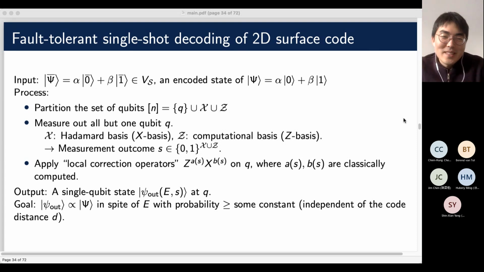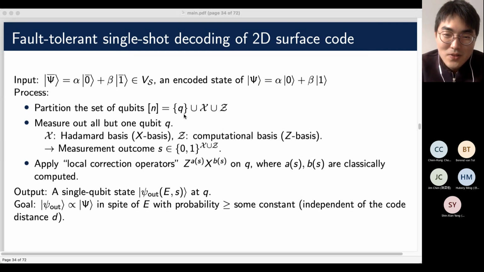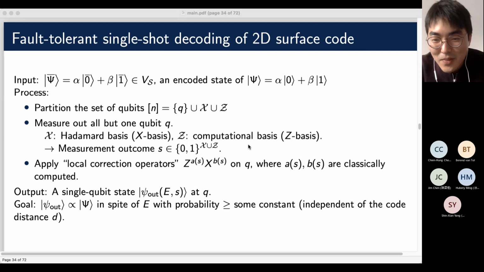And then here's the process. We somehow partition the set of qubits into 3 subsets, Q and X and Z. And the process is we measure out all qubits except for 1 qubit called Q. We measure all qubits in X in Hadamard basis or X basis, and all qubits in Z in computational basis.